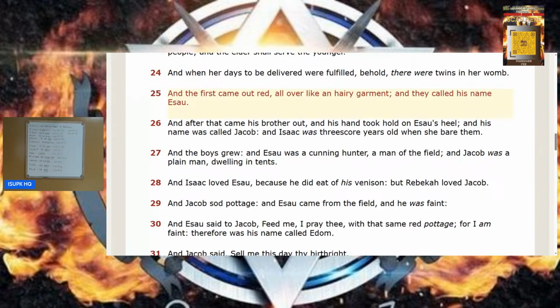So remember, Esau, let me get the screen up here. I'm going to go into the interlinear so you can see that. Edom was the white man, and it means red.